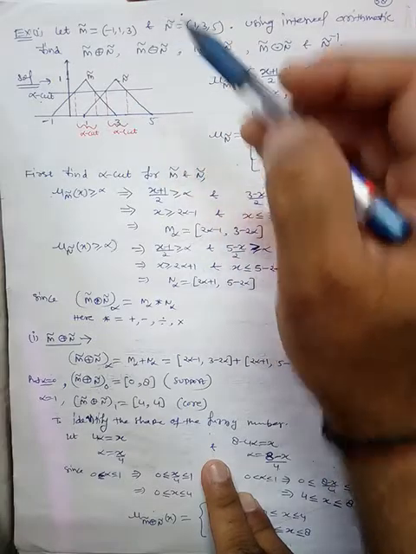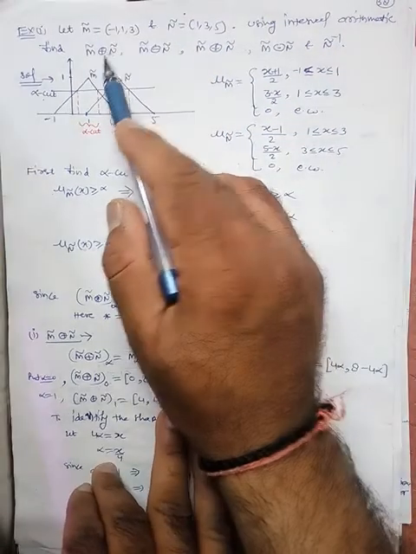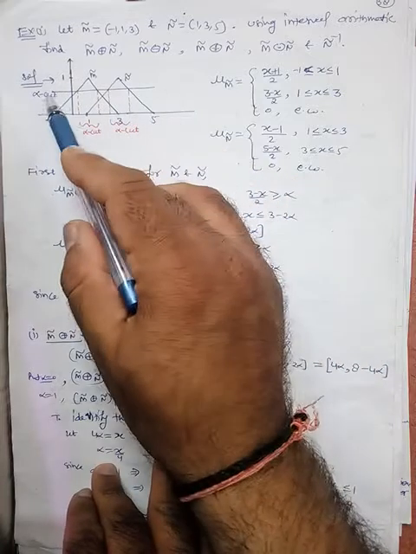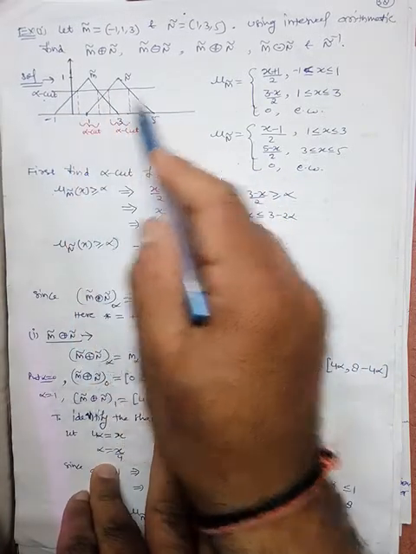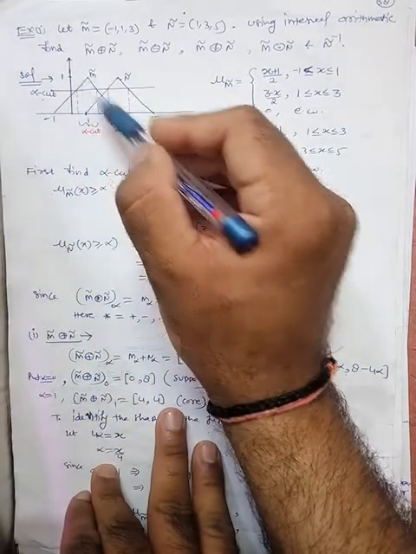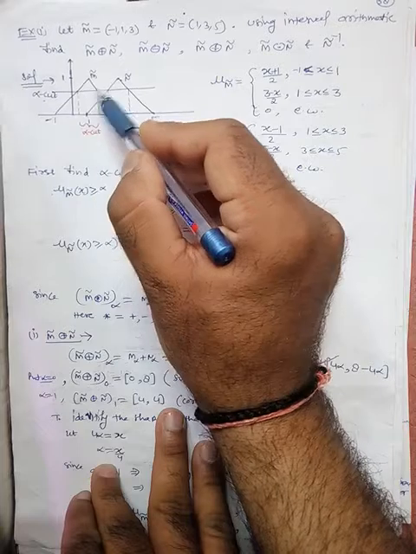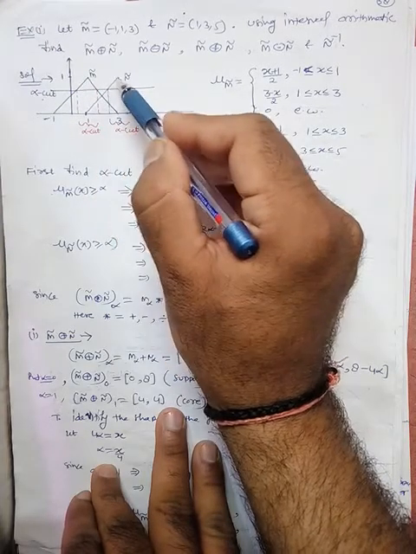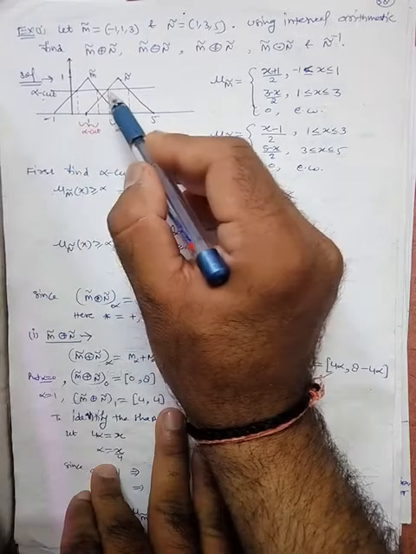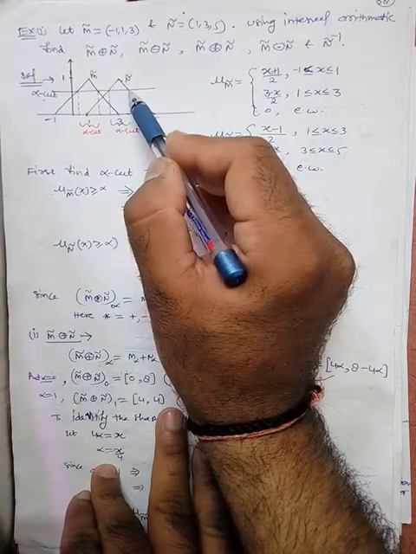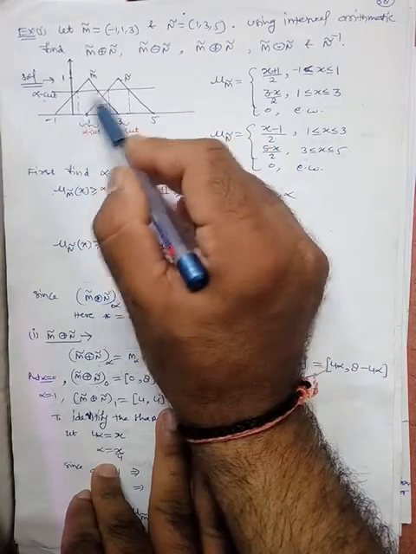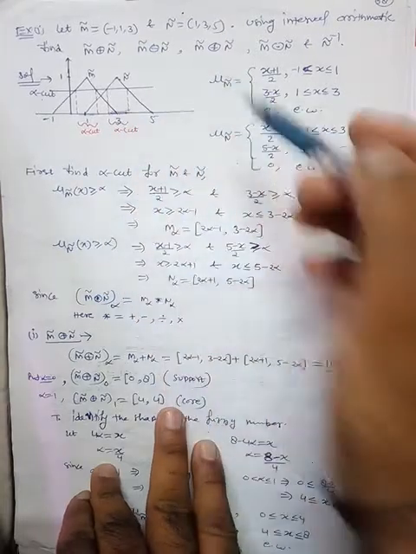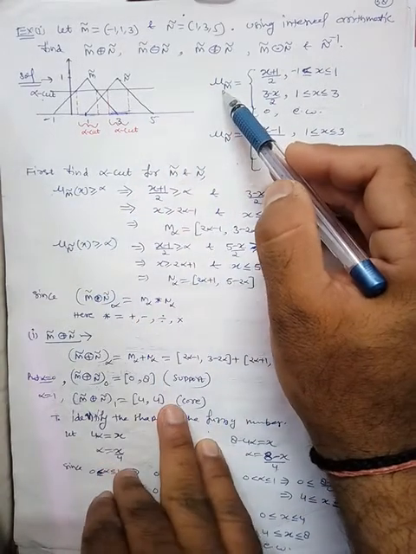Now to add, subtract, or apply any arithmetic operation, first we will apply the alpha cut. When you apply the alpha cut to M, you will get these two numbers. Similarly, this is N, and when you apply the alpha cut, we get these two numbers. So first find the intervals M alpha and N alpha. What is the membership of M?